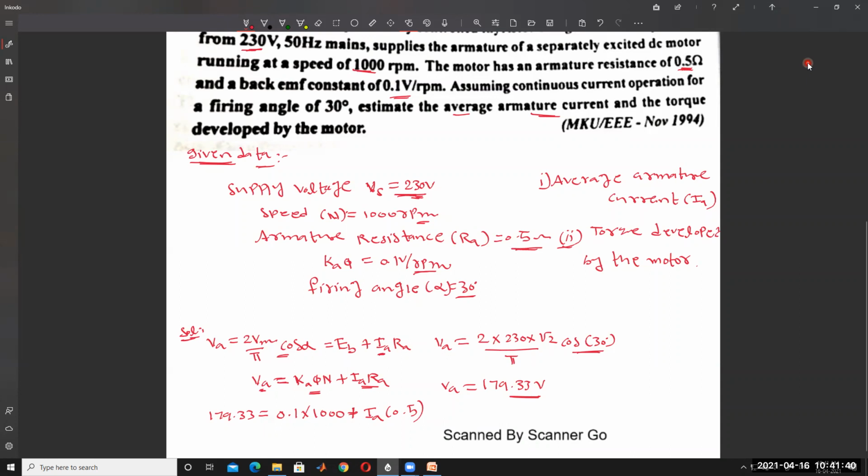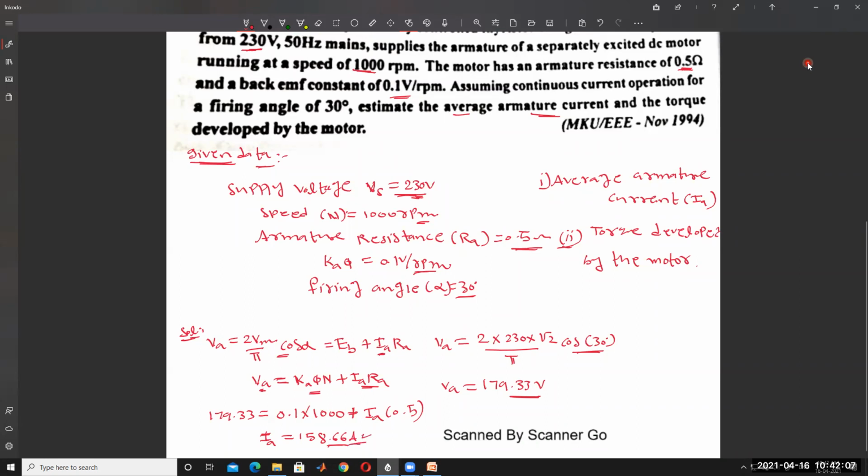The only unknown is the armature current. Solve this for IA using a calculator. I got IA equal to 158.66 amps. Verify whether this answer is correct or not using a calculator.